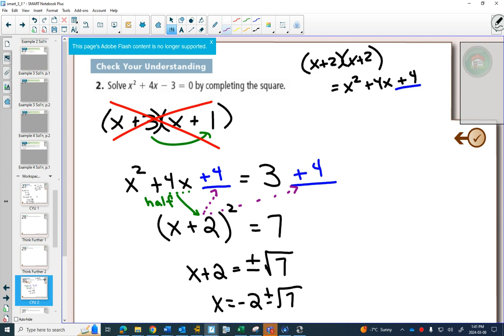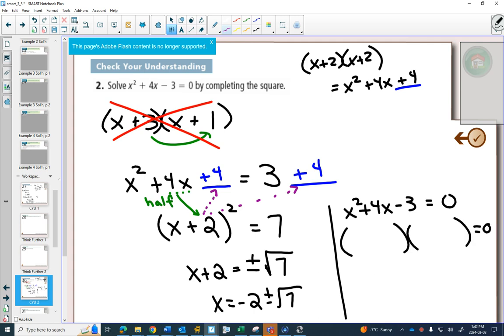And I guess this, you don't have to write this down, but for those of you that like weird technicalities, technically you could have used this answer and had x minus negative 2 plus root 7.